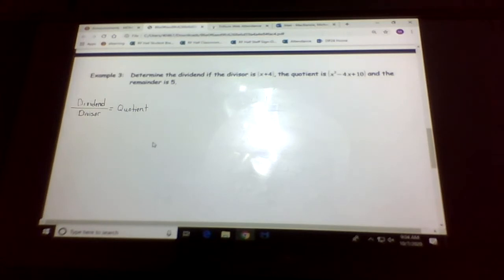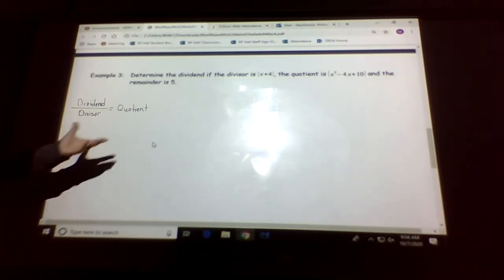Right? The dividend divided by the divisor gives you the quotient. So that's what we're doing. We're taking the dividend, we divide it, and we get our answer.